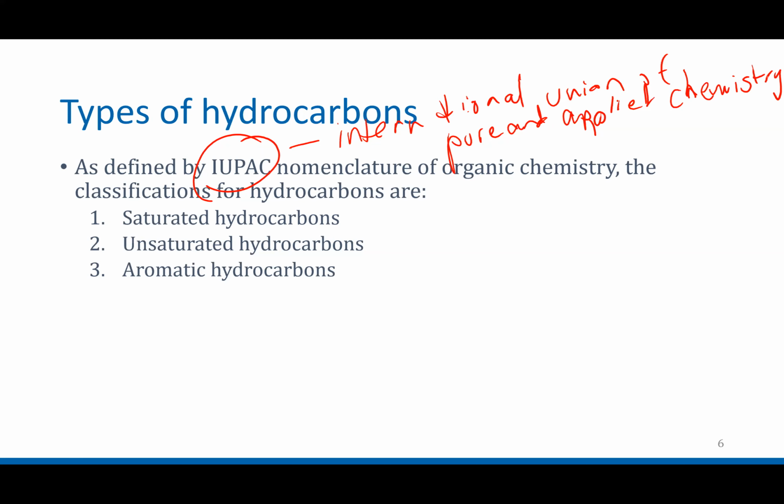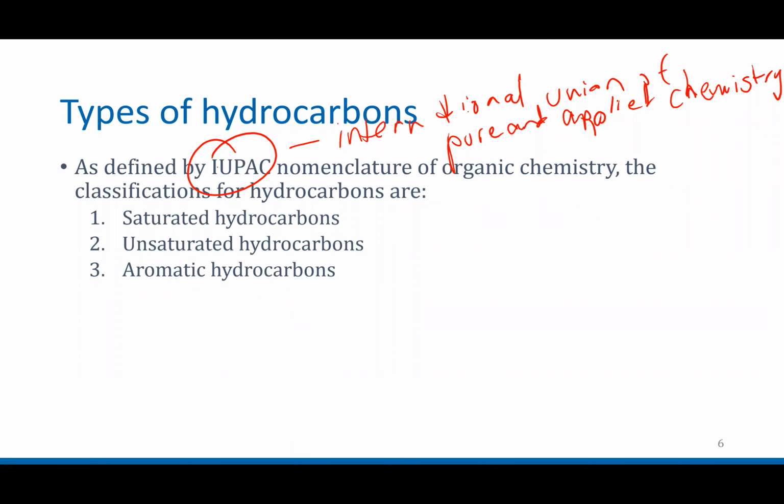IUPAC, I'm going to talk about them a lot in this course. They are the organization, the people we care about when we're naming hydrocarbons or ionic compounds or anything. So hydrocarbons defined by IUPAC, the worldwide Union of Pure and Applied Chemistry, they classify hydrocarbons as three things.